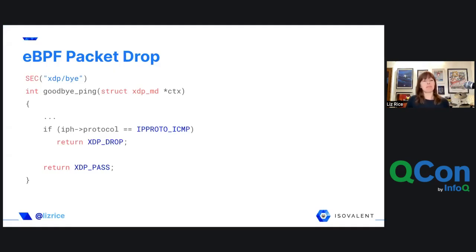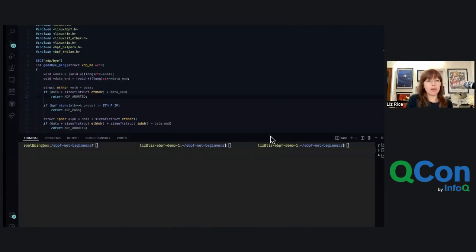So as an example of how easy this is, I'm just going to show another example of a program that will drop network packets of a particular form. In this example, I'm going to look for ping packets. That's the protocol ICMP, and I can drop them. So let's find my window for that.